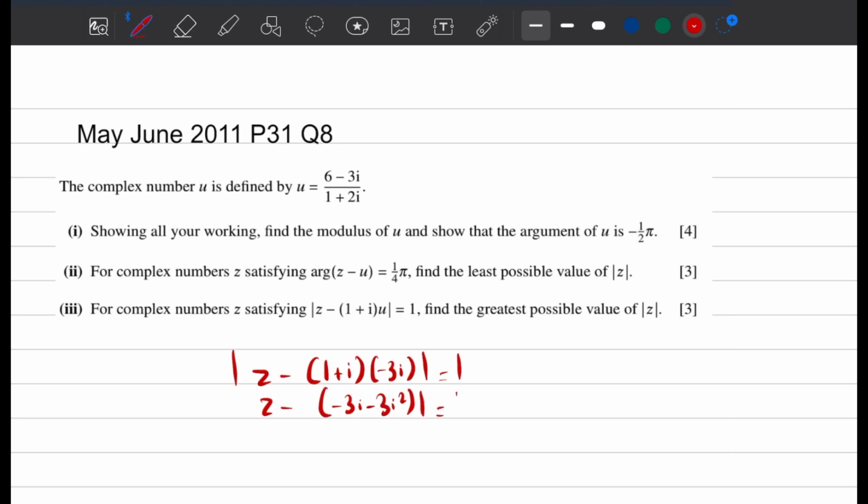Do you get this बच्चे? Now z minus i square -1 होता है, तो 3 minus 3i is equal to 1. Let's make a circle. So 3 and -3 will lie somewhat here, and the radius is 1. आपने ये सर्कल बना लिया.